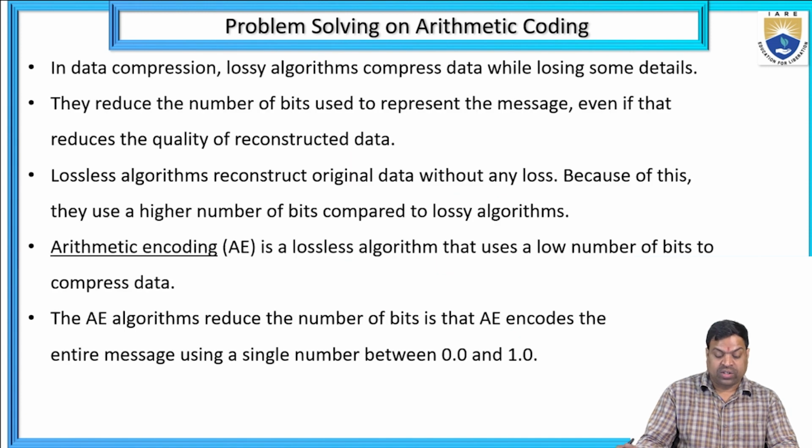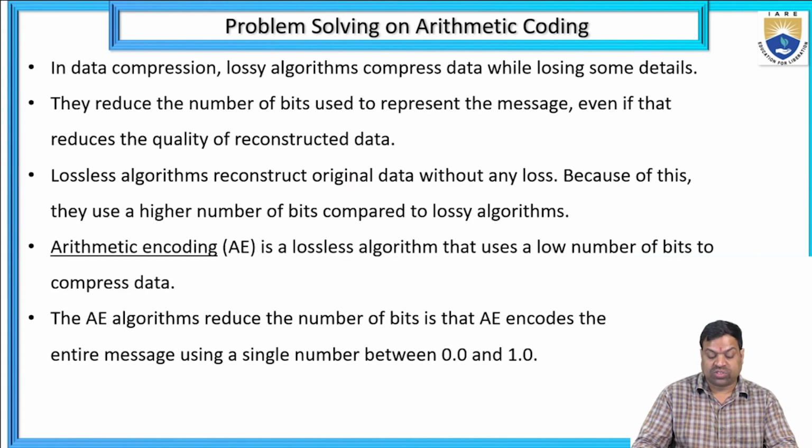A lossy algorithm compresses data while losing some details. It reduces the number of bits used to represent the message, even if that reduces the quality of the reconstructed data. When I go for a lossless algorithm, it reconstructs the original data without any loss, and because of this, it uses a higher number of bits compared to lossy algorithms.